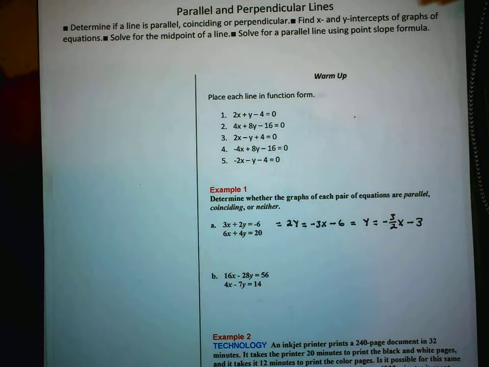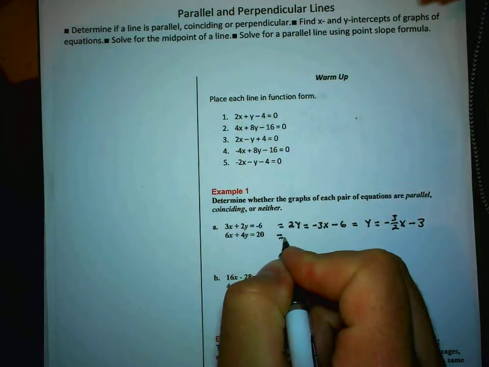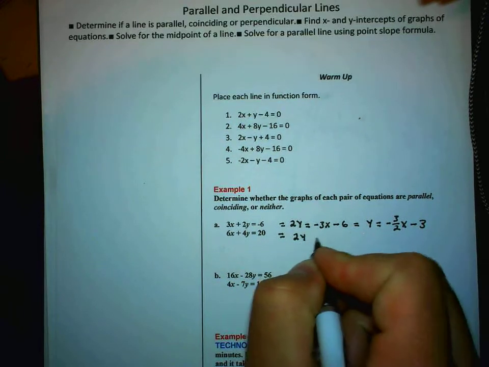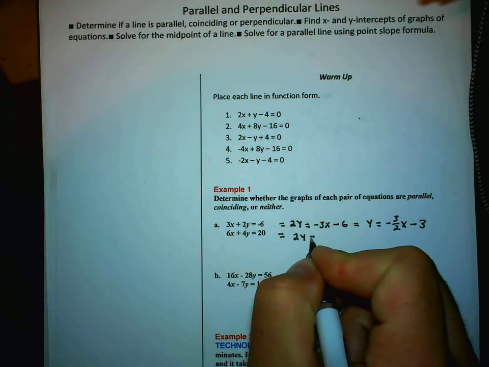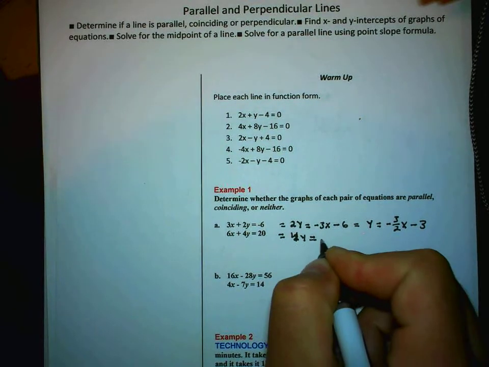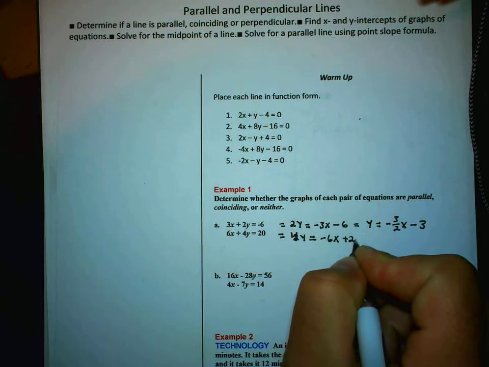I've got to do that with the other equation as well. So my first step is to move the x. So 4y equals a negative 6x plus 20.